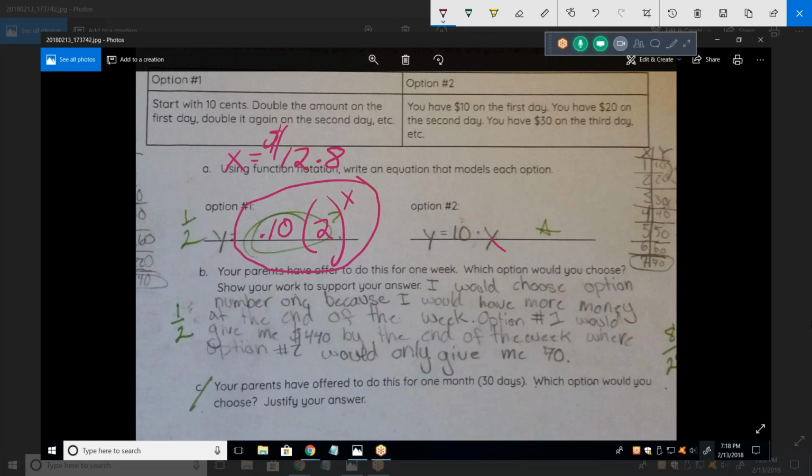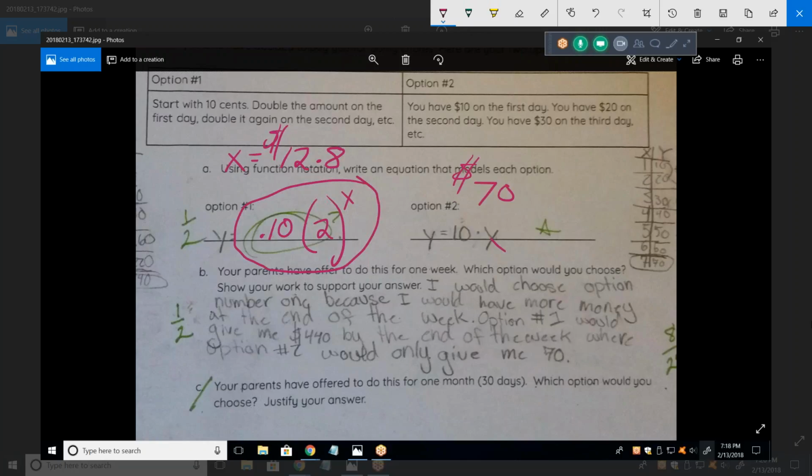And now let x equal 7 in option 2. What do you get? 70. Yeah.